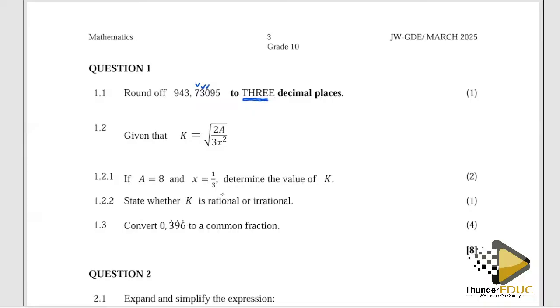So this 9 is going to affect the 0 by simply adding a 1. Remember, for a 1 to be added, the digits that follow must be between 5 to 9. Digits between 0 to 4 do not affect the number within the rounding position. So our answer here is going to be approximately 943,731. So 3 decimal places. There we go.